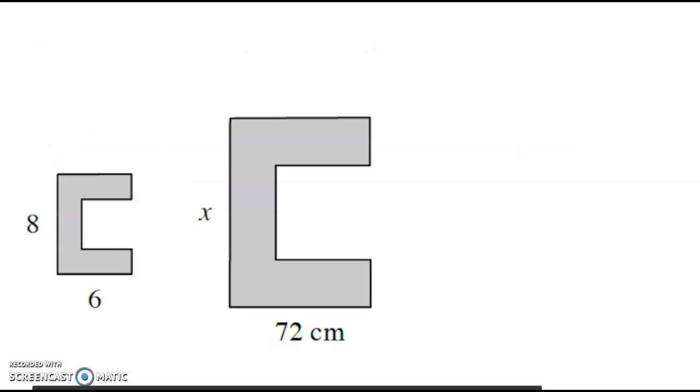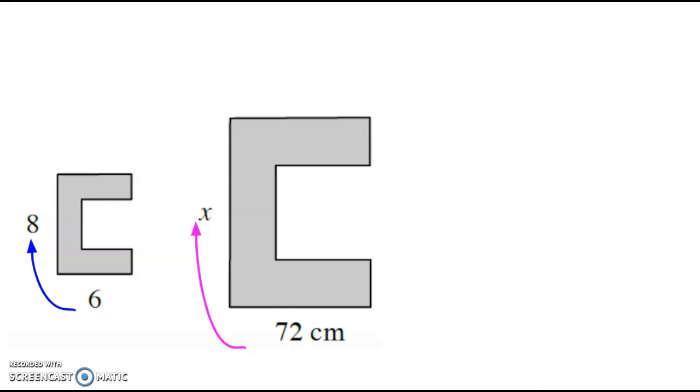Well, I am going to show you a different way now to get the same answer. In this case, what if we use the ratio within the polygon? So 6 and 8 are the ratio within that polygon. The ratio between one side and this side, 6 over 8, is going to be the same as 72 over x.